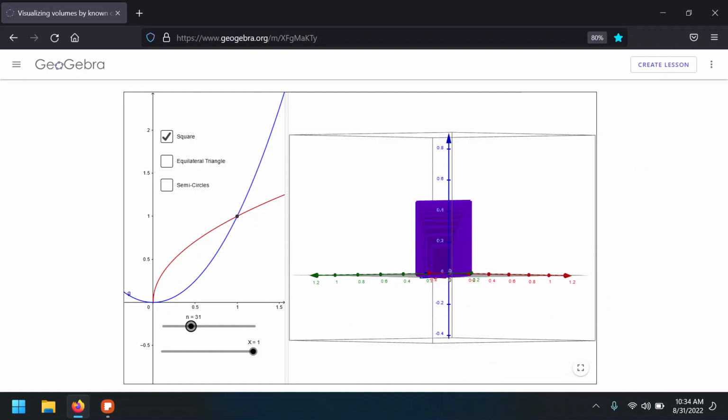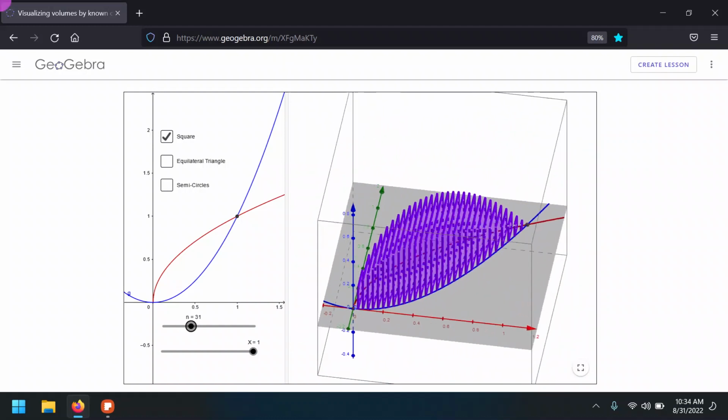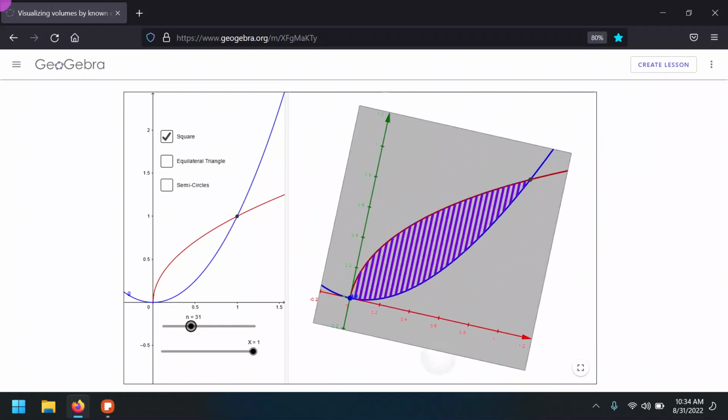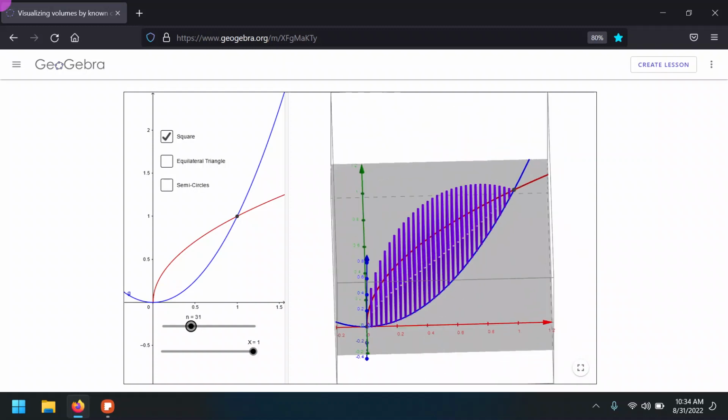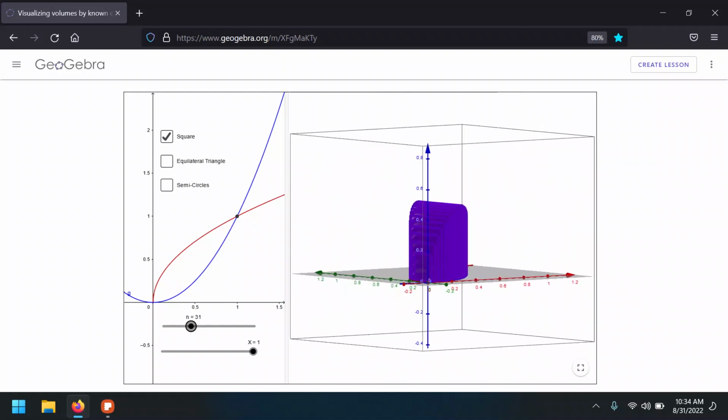But how do we find the volume? Well, we'll see. This is what we would see on our paper in 2D. However, you can think of these squares as popping out of your paper, and that's the volume that we will define.